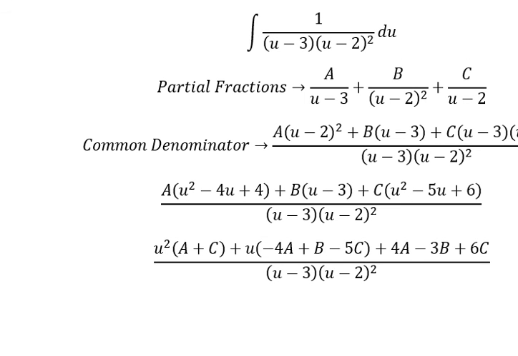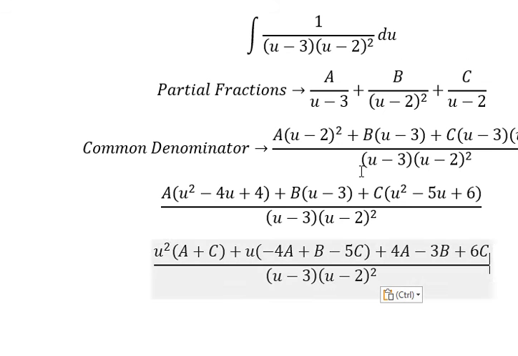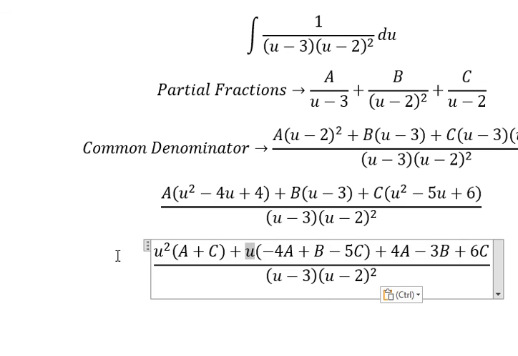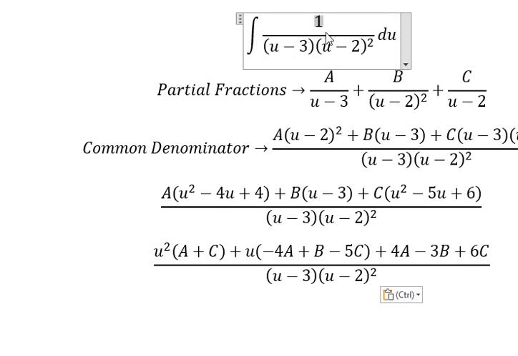Next, we need to compare coefficients. We don't have u and u squared in here, so A plus C equals 0, and this one equals 0. This one we have the numbers that is 1, so 4A minus 3B plus 6C equals 1.